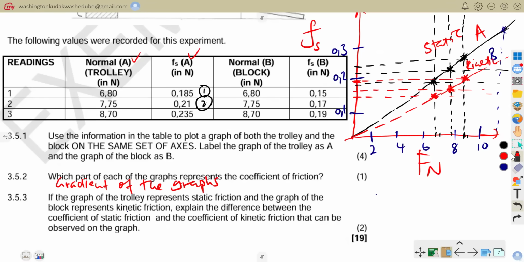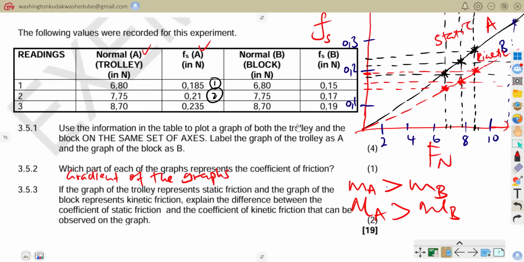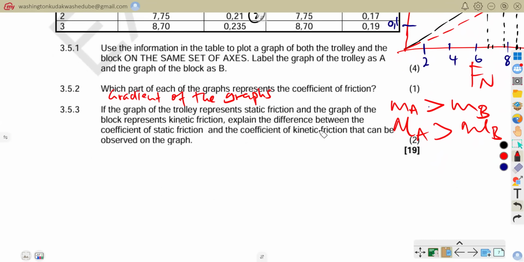So the gradient of A, which we can represent by MA, is greater than the gradient of B. So mu of A would be greater than mu of B. So the static coefficient of friction would be greater than the kinetic one.